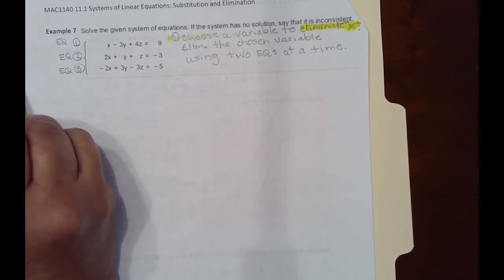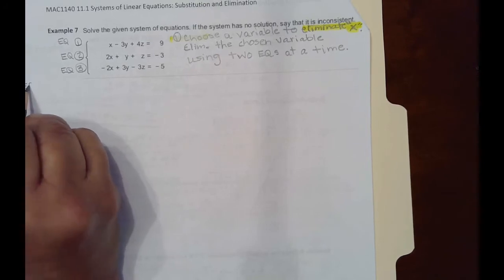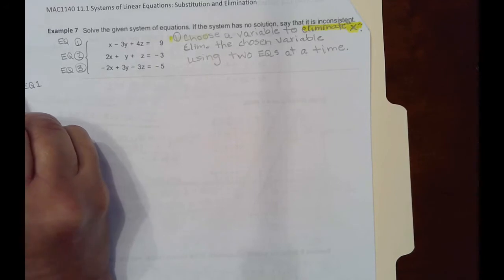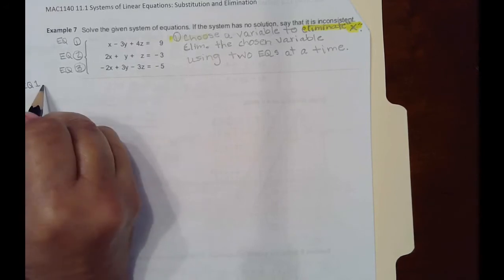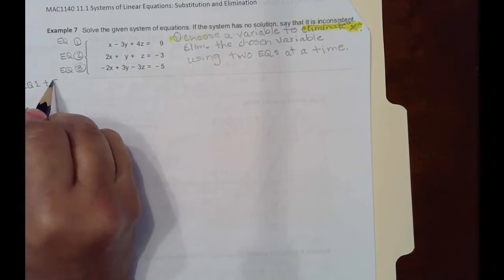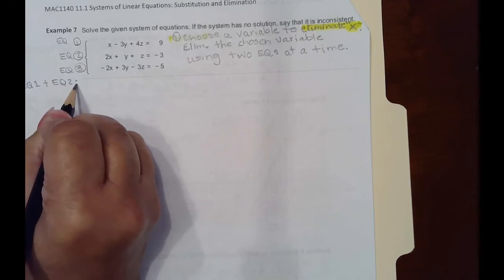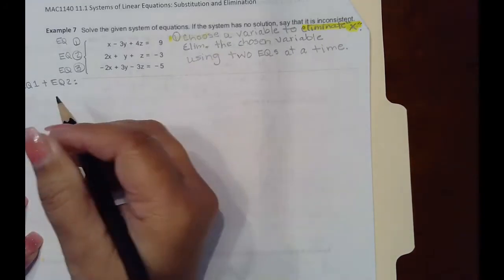So I'm going to take equation 1 and I'm going to multiply by negative 2, and then I'm going to add it to the equation below it, equation 2. Okay, here we go with that plan.